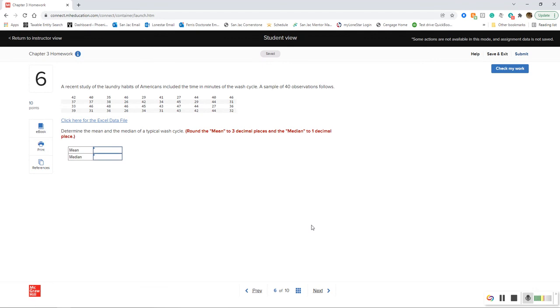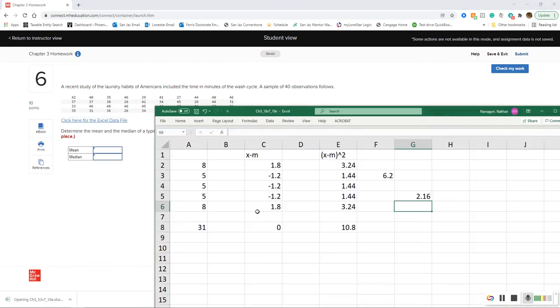Okay. Question 6 is another mean and median. So since this is a little bit bigger, why not let's go ahead and have some fun. So hopefully you were able to do question 3 here.